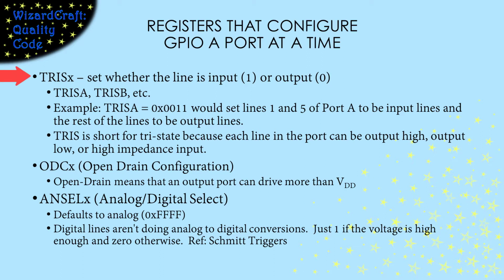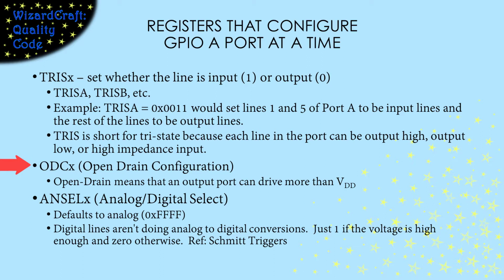The first of these is the TRIS register, which is used to set whether each pin on the port is to be used for input or output. Even though we're just setting two possibilities, input or output, TRIS is short for tri-state because these ports are tri-state ports. Each pin can either be output high, output low, or input.